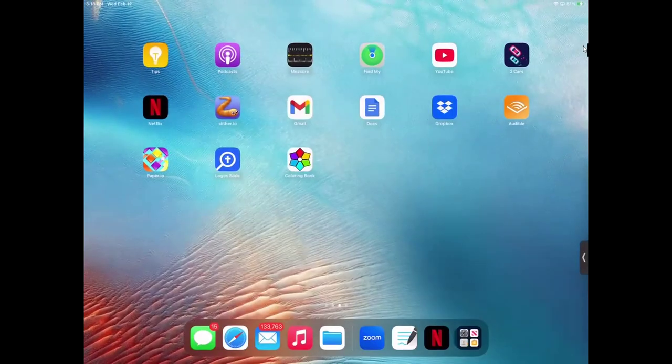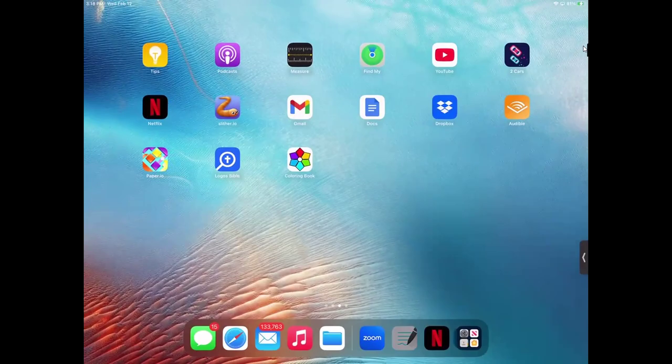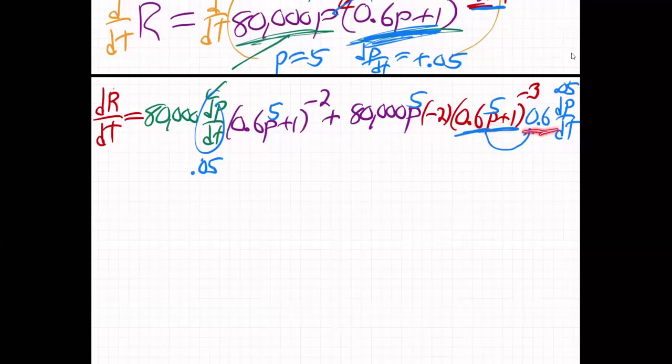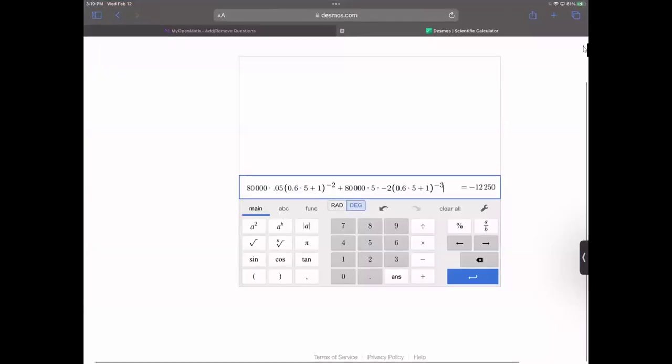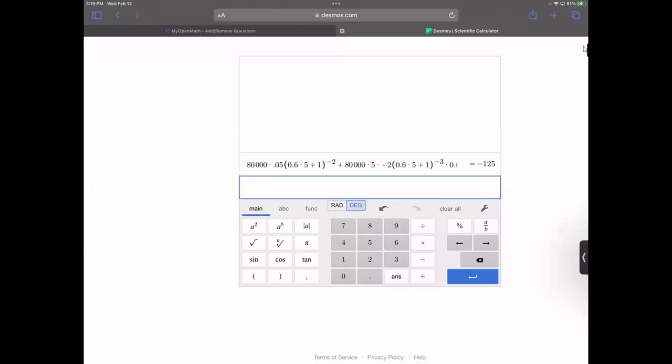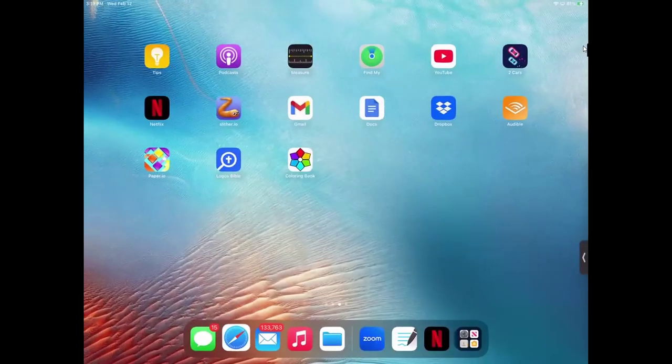Yeah, I think we're getting it. Boom. Negative 125. There it is.